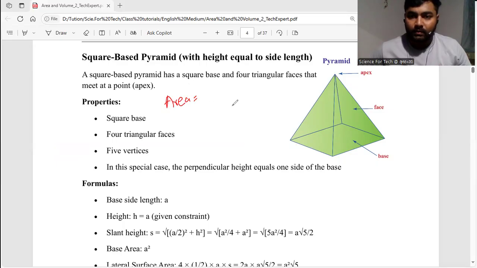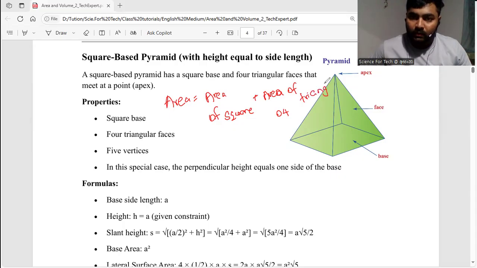What you have to do is find the area of a square plus the area of 4 triangles. This is the area: area of a square plus area of 4 triangles.